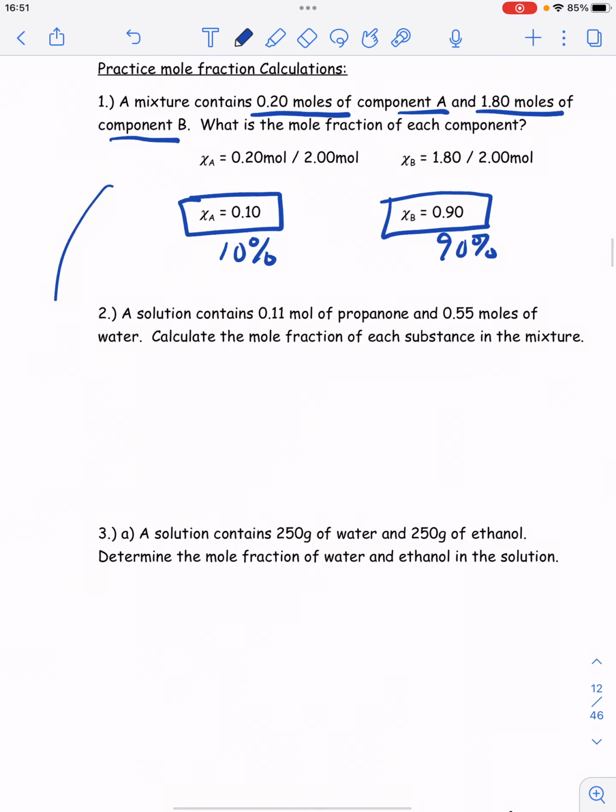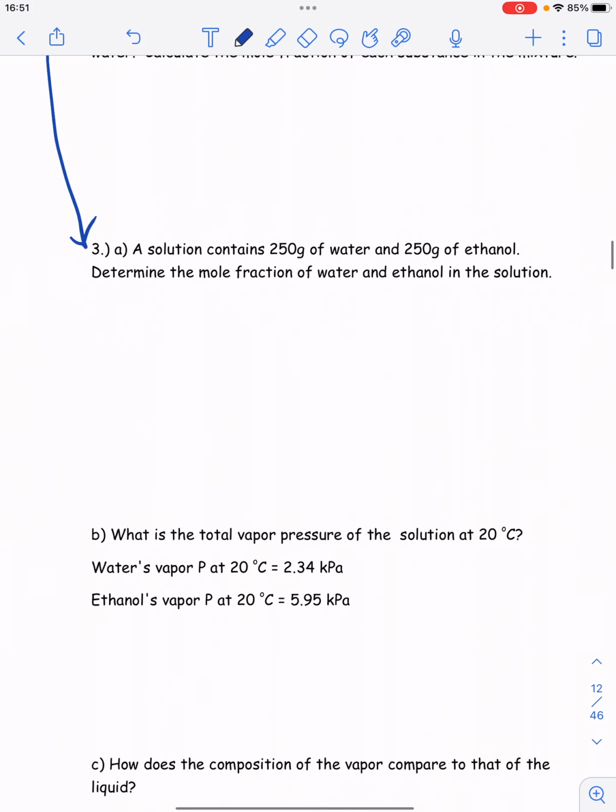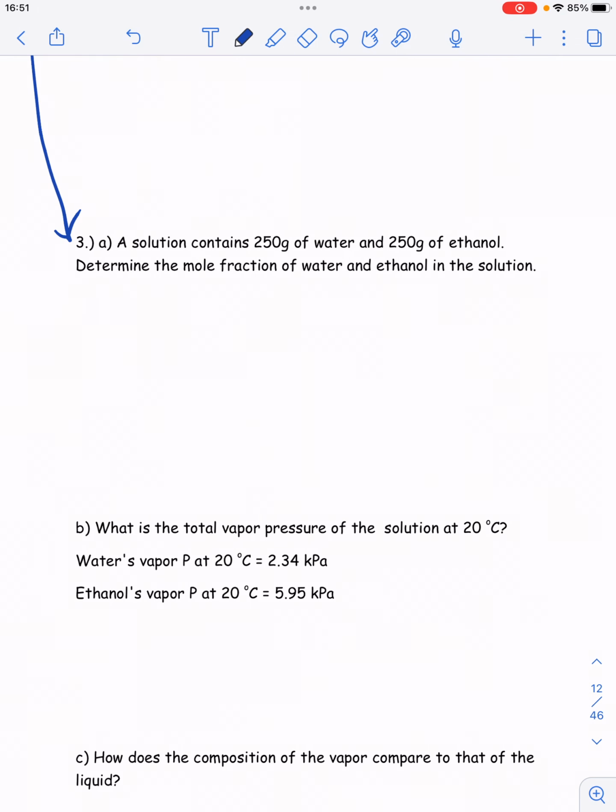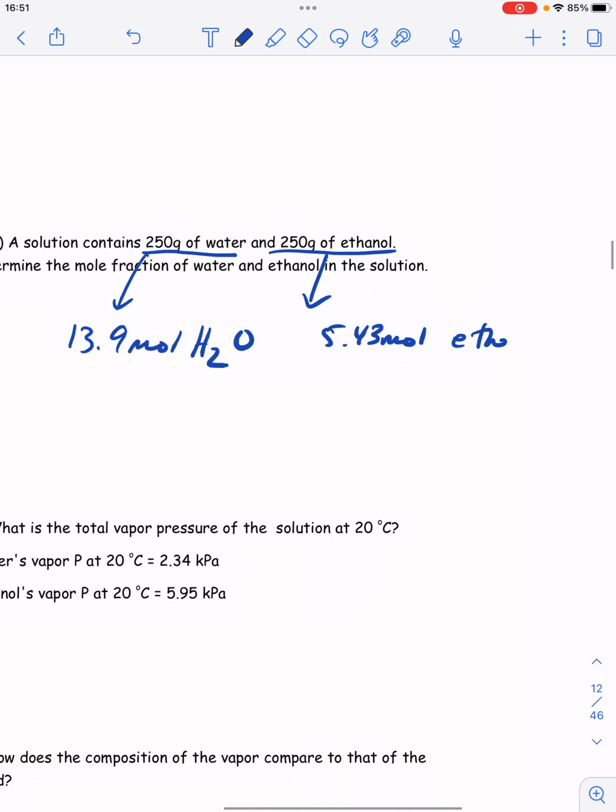Okay, now if I go to a harder question to finish off, if we start with the gram amounts, so if I have a mixture that has 250 grams of water and 250 grams of ethanol, what is the mole fraction of each? So the first thing we have to do is convert these into moles. So if we divide by molar mass, I get 13.9 moles of water, and I get 5.43 moles of ethanol. So in total, the total amount of moles is 19.33.